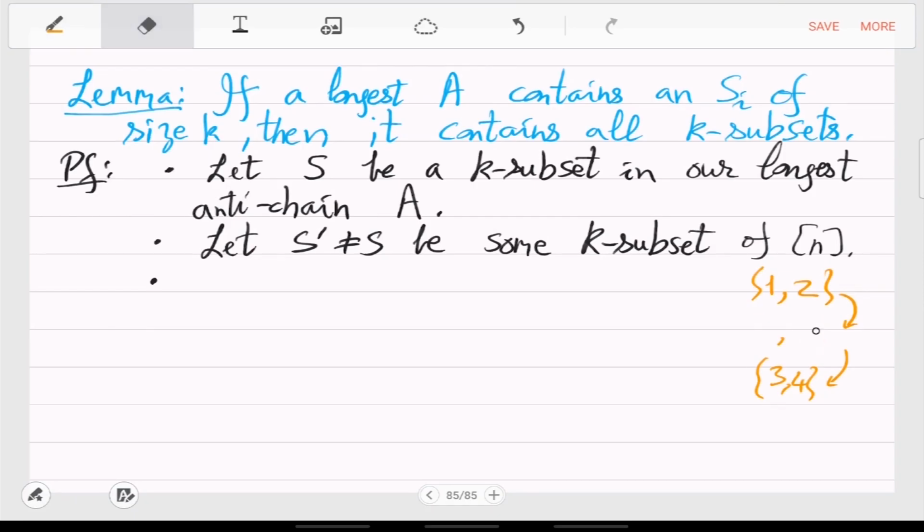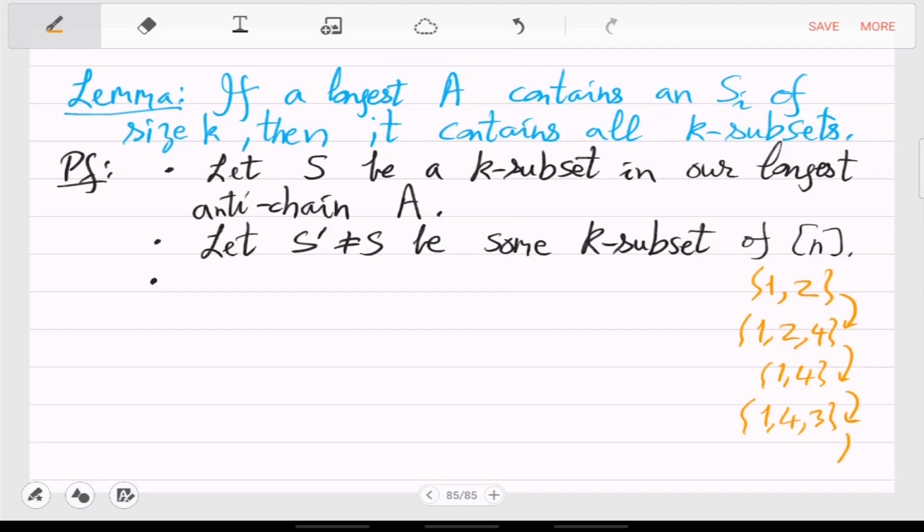So let me introduce, first I append 4, then I delete 2, next I append 3, and I delete 1. Okay, so that is what I will now do formally.